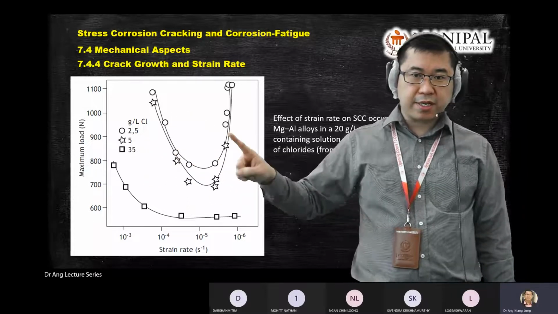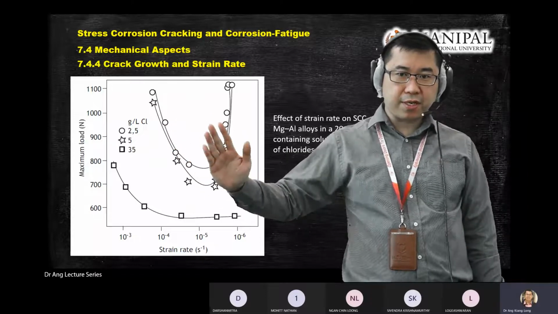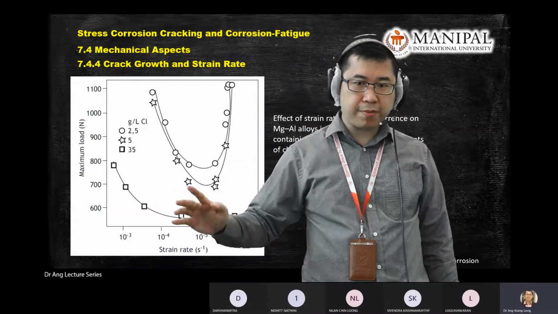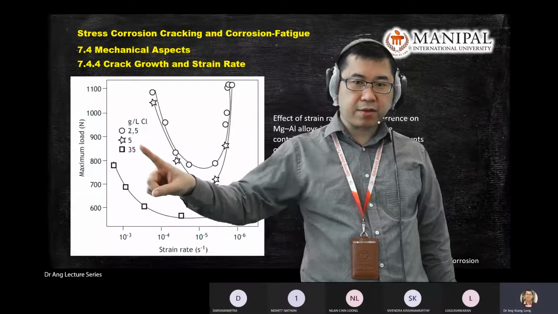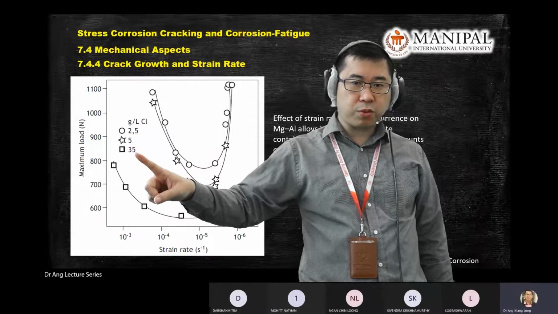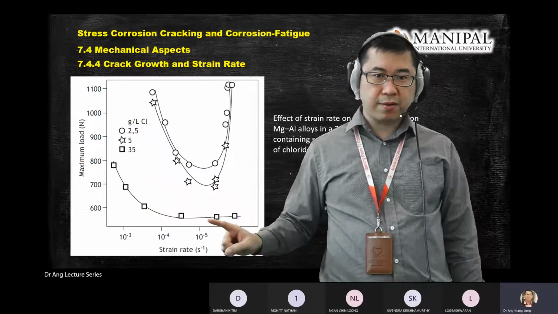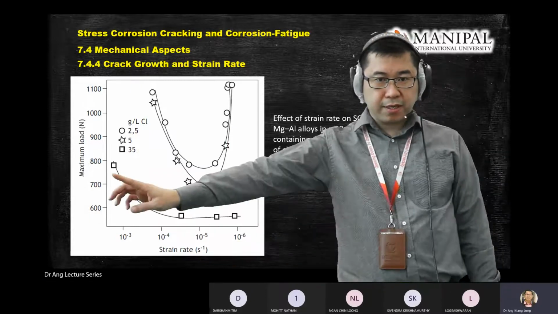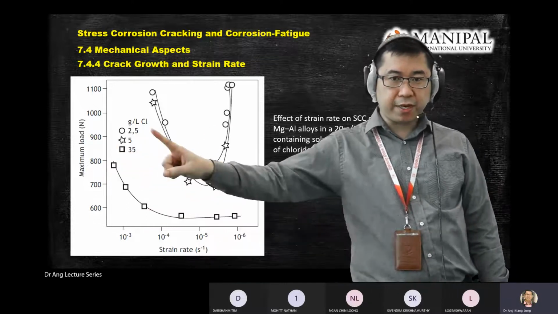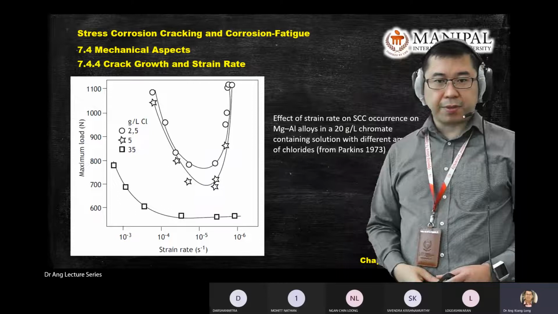Circle one is this line, 2.5 gram. As you increase to 5, you see the shape shifted a little bit to the left, and the value of your maximum load drops as you increase the chromate. You increase from 2.5 to 35 gram, and this curve shifts further down to here, meaning that the sample strength drops significantly as you increase the chromate percentage.